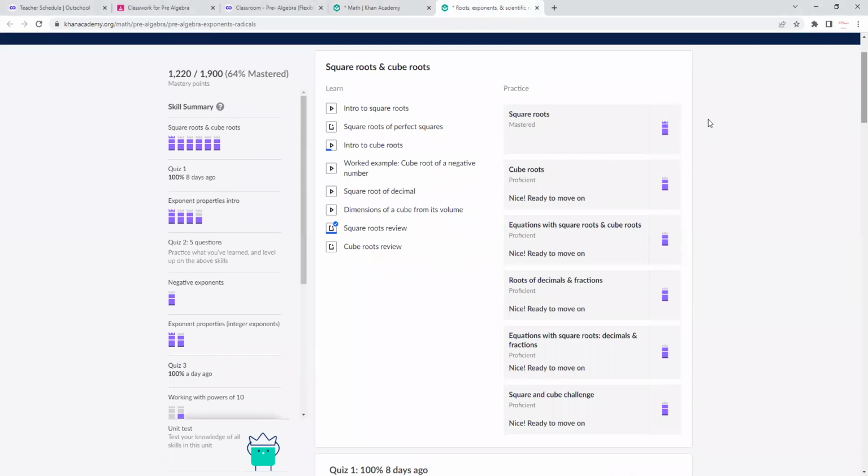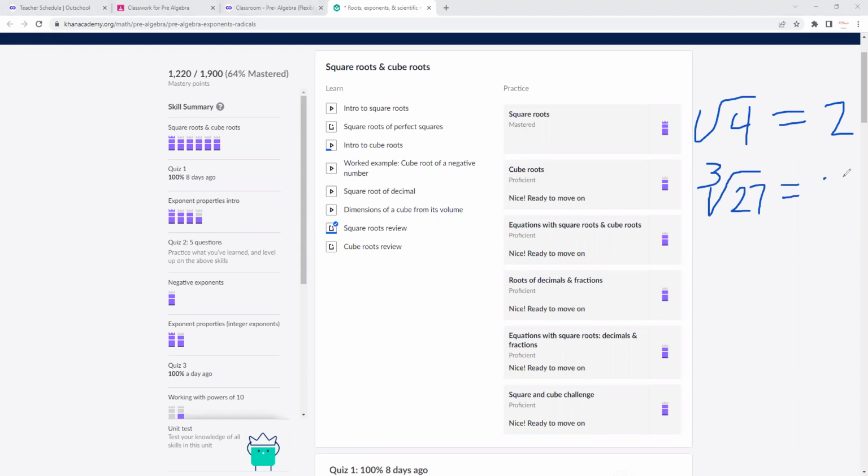So the unit first goes over square roots, cubed roots, right? Square root of 4. What number times itself twice gets you 4? 2. Cubed root. What number times itself 3 times gets you 27? 3.